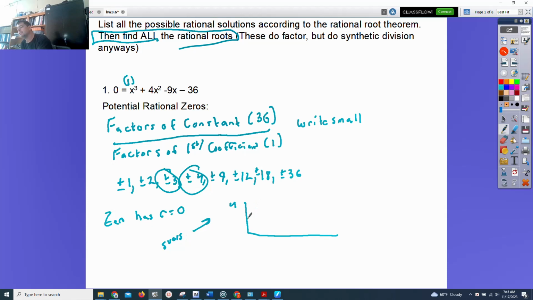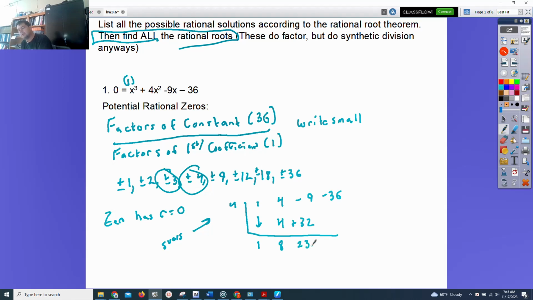Write down my coefficients, which are 1, 4, negative 9, negative 36, and I'm going to drop the 1. 4 times 1 is 4. 4 plus 4 is 8. 4 times 8 is 32. Negative 9 plus 32, because I'm adding down, for those of you who haven't quite grasped this yet, is 23.